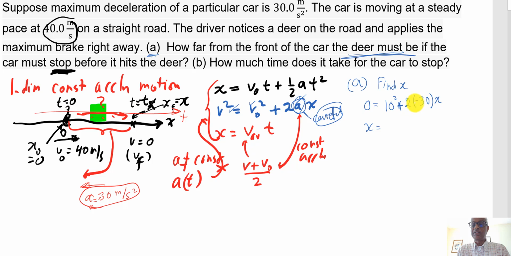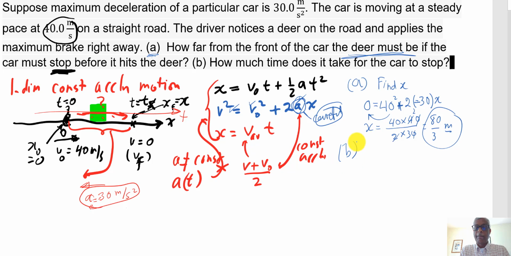You can already see this minus, and when I bring it to the other side, the minus cancels out, so x is 40 times 40 over 2 times 30. The 2 cancels and this becomes 80 over 3 meters. So that's the answer for x.